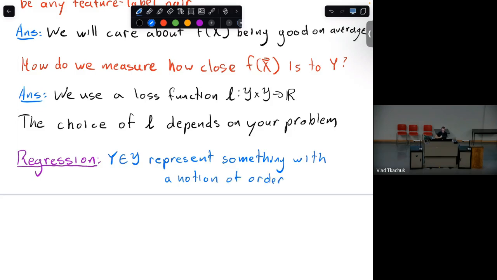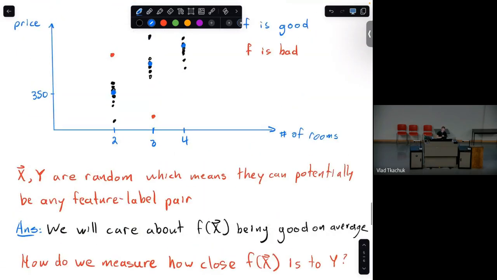What does that mean? It means being able to say that 350, for instance, is kind of close to 400 and 300, and it's closer to those than, let's say, 1000. There has to be some notion of ordering between your numbers. 350 is pretty close to 351, and further from 400, and so on.